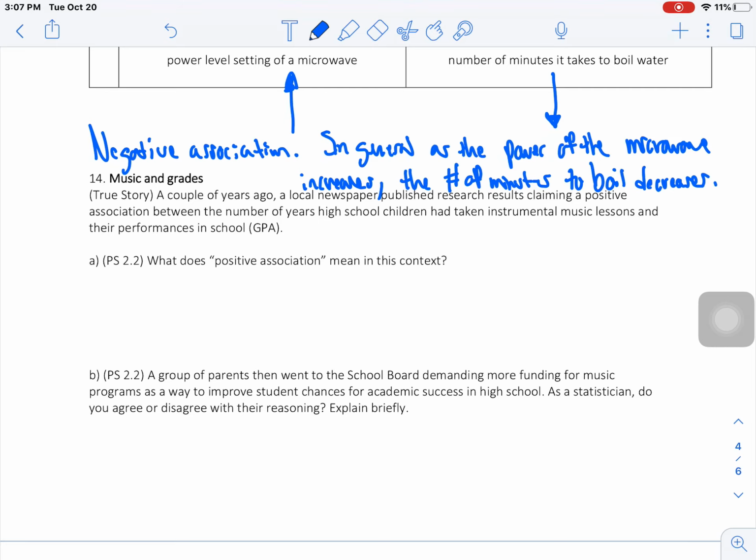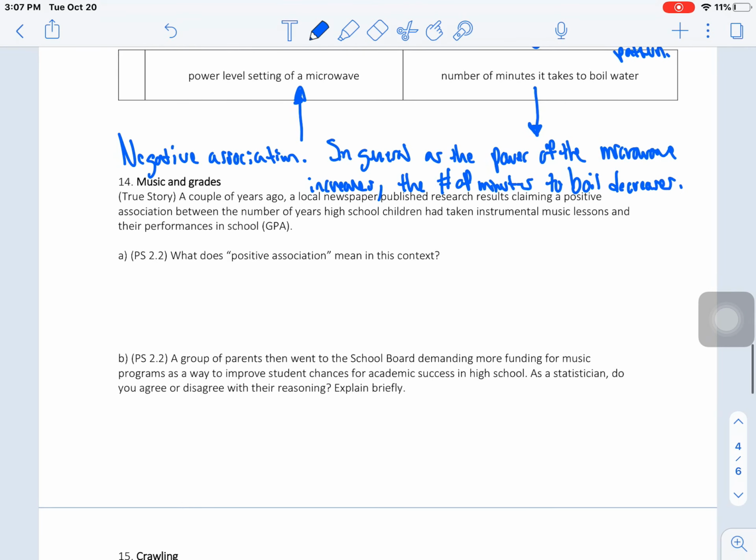A couple years ago, a local newspaper published research results claiming a positive association between the number of years high school children had taken music lessons and their GPA. So what does a positive association mean in this context? In general, the more, sorry, I'm looking at my answer key here.